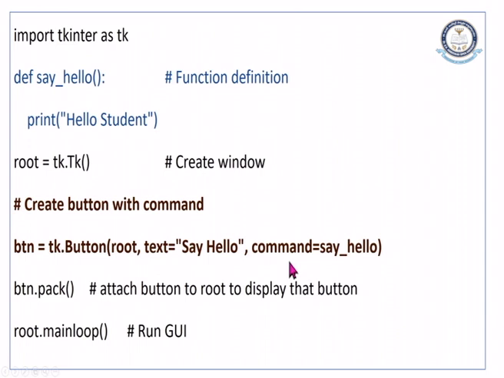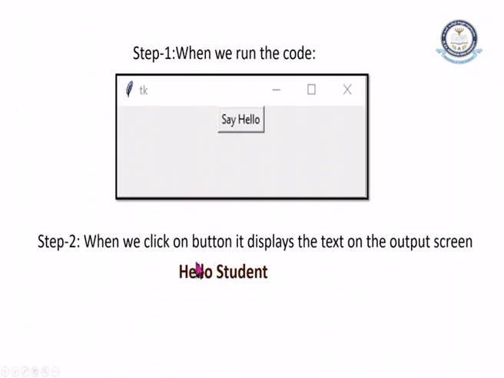When you click on that, the function is activated, and within that function the statements are executed. What is the statement we have? Print hello student. That is why we are getting hello student as output. So, this is how to create a button and how to handle the event. When you click on the button, we need to execute one particular function.